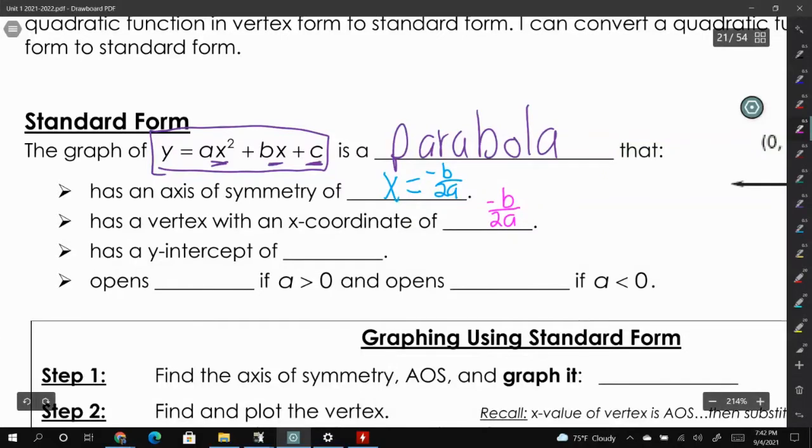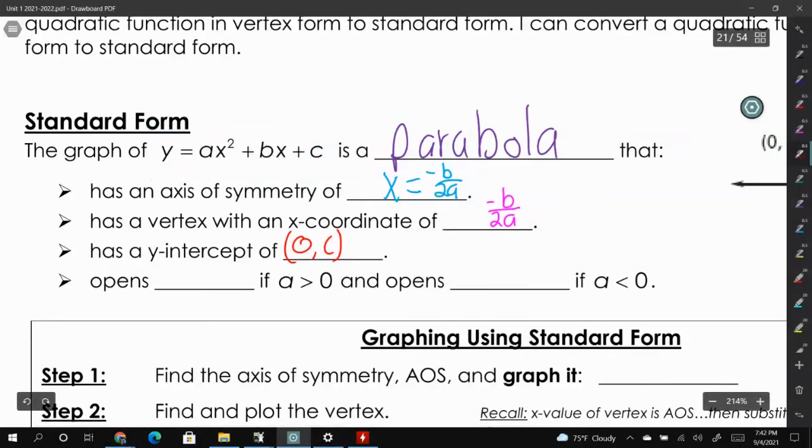The y-intercept is just this value right here, that c value, (0, c). And if you think about it, that should make sense. If you plug in 0 for x, this part becomes 0, and this part becomes 0, and you're left with just that c value.